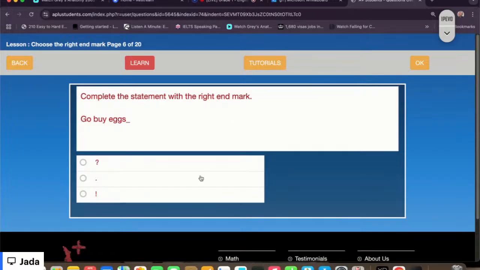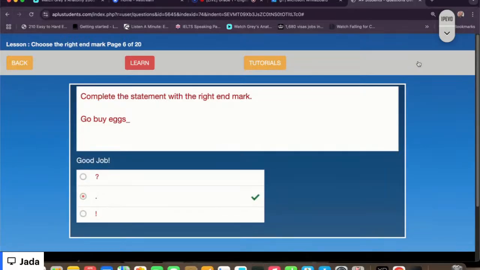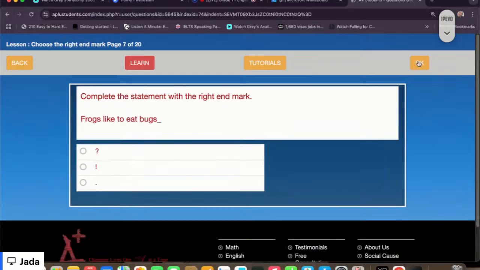So we have what? Statements, period. Okay. Frogs like to eat bugs.